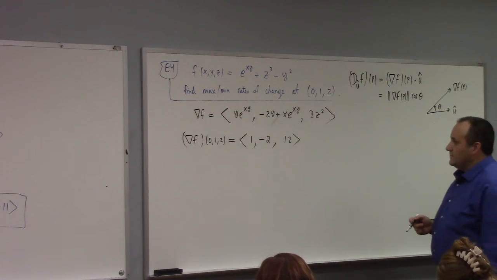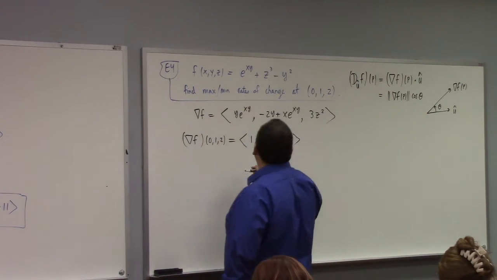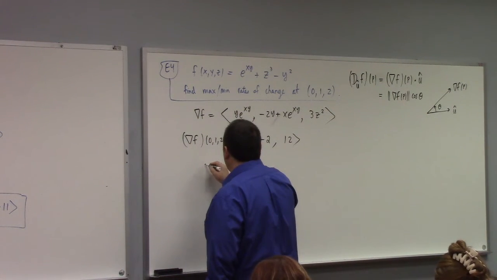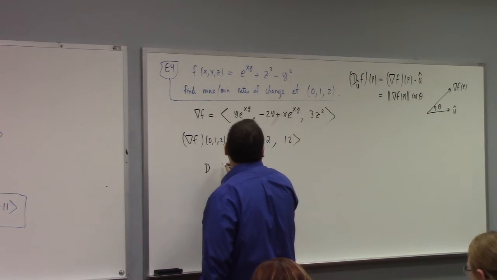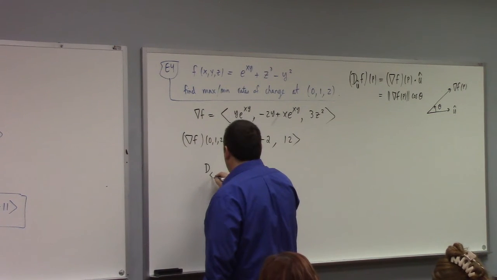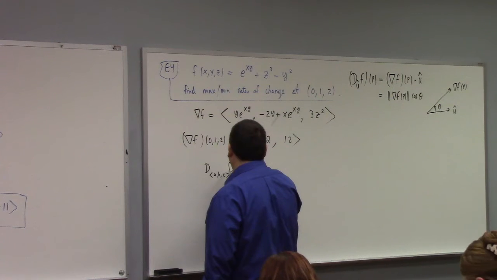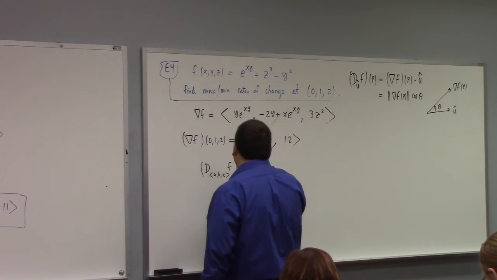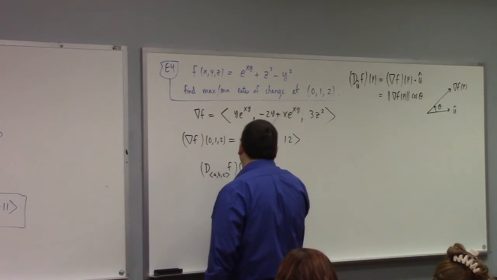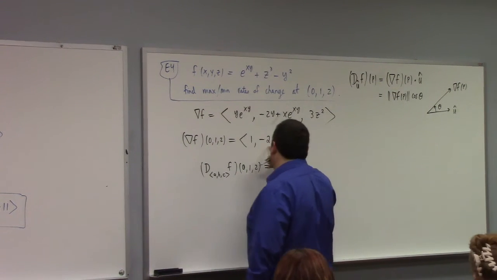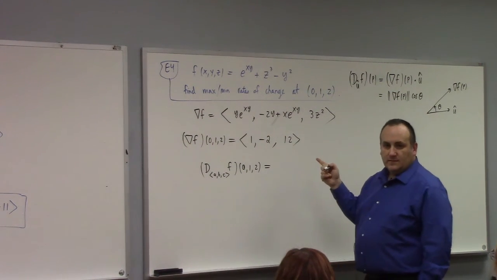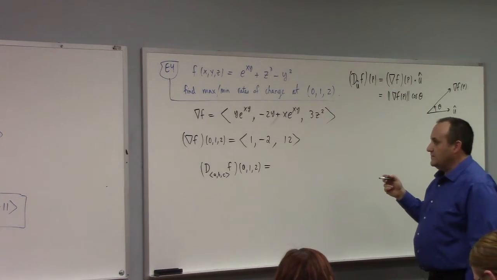So to do it, my directional derivative then at the point in question, and let's say in the ABC direction. Let's let the unit vector be ABC for the sake of specificity. At the point 0, 1, 2. And did you guys double check me on this vector? Did I do it right? Okay, good.